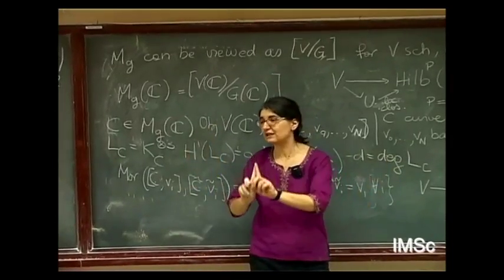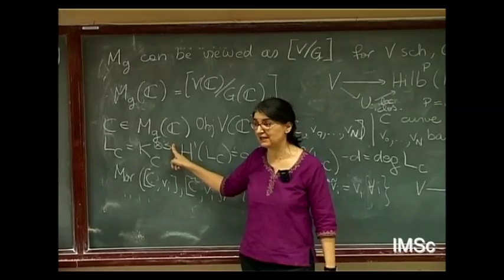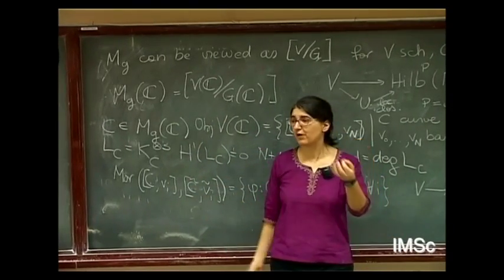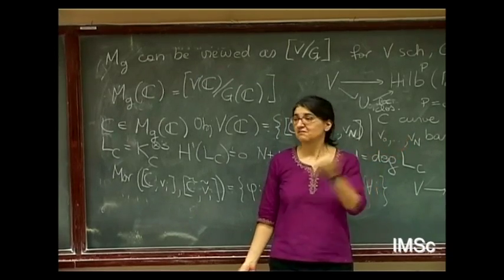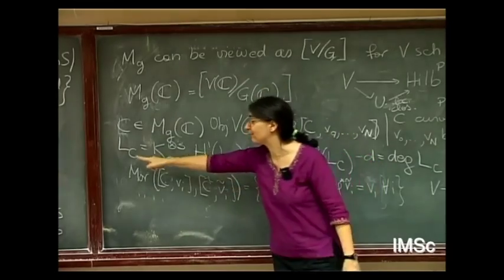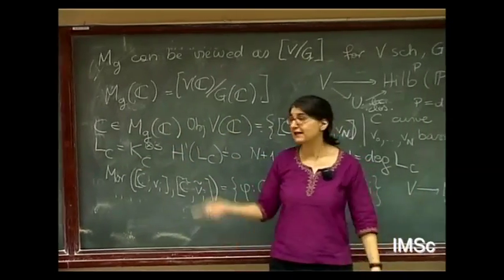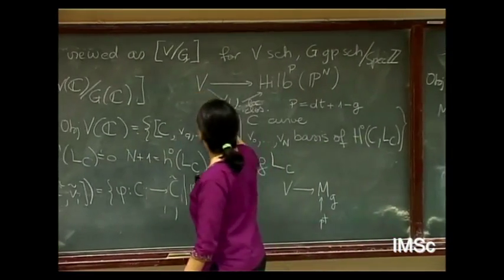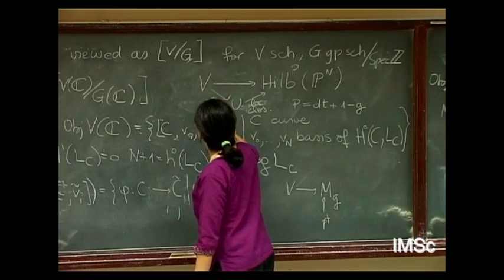Then you have to look at the locus where this line bundle is actually K_C to the tensor 3. To do this, you have to take the inverse image of a point in the relative Picard variety. You have a section of the relative Picard variety, which is given by choosing for each C this line bundle, and you take the fiber product. So it has a naturally locally closed structure, and this thing here is just a C-star bundle.